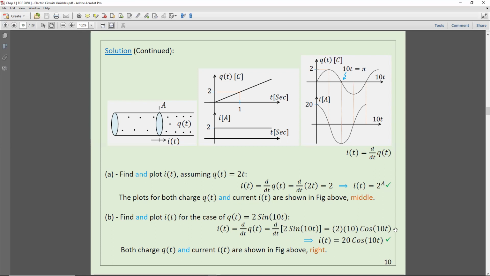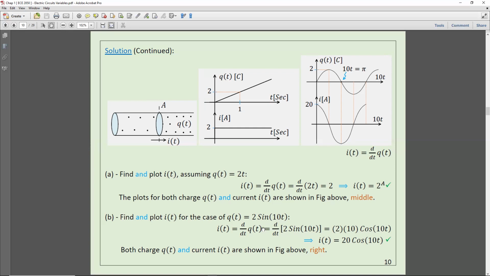Number 3, you have to multiply by the differentiation of what is inside here, 10t. The differentiation of 10t is 10. So I'm going to multiply by 10. I'm going to say it again here, guys. It should be very simple, but I know maybe some of you have weakness or want some refreshment. So again, the way we do this differentiation is, number 1, we have a constant 2, so I'm going to get it out.